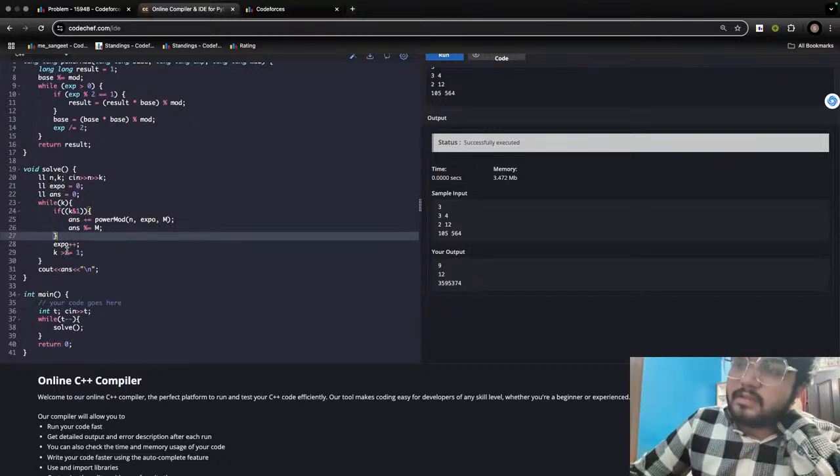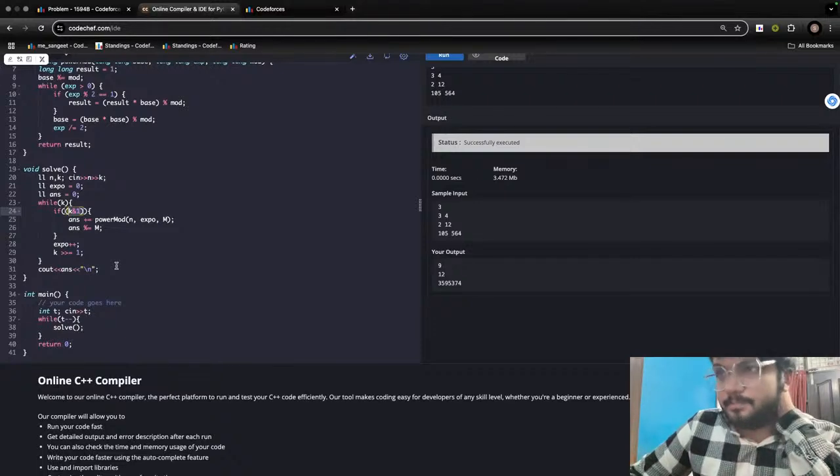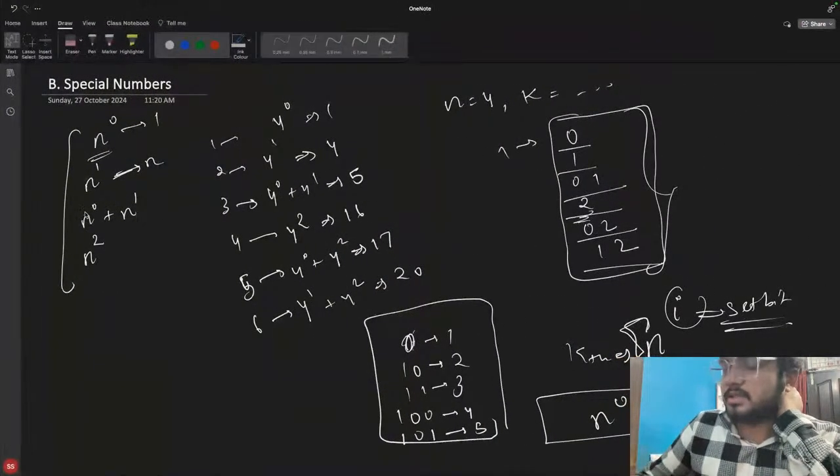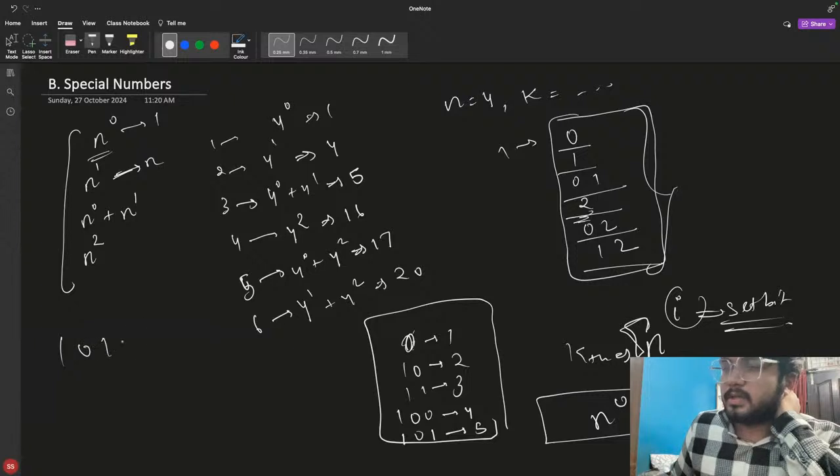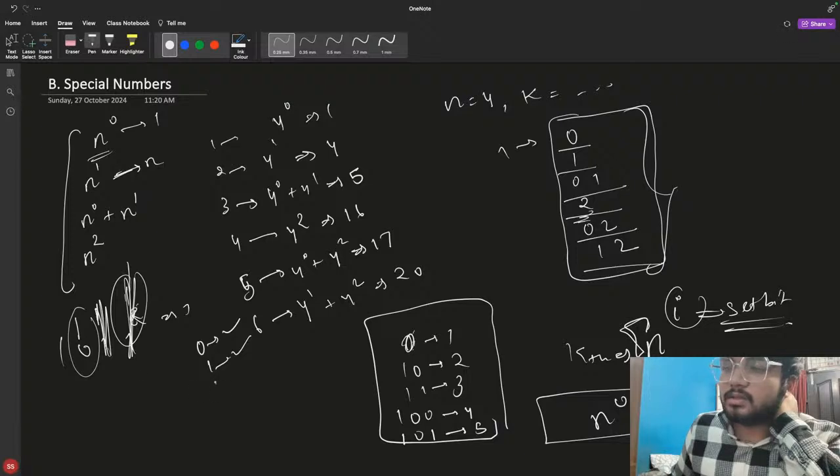Let's say we are starting with the 0th bit. How will we check if it is set? This can be checked by performing the AND operation with k and 1. If the 0th bit is set, this will give us 1. Then we remove this bit and come to the first bit, which is also set, then we remove it and come to the second bit. This is not set.